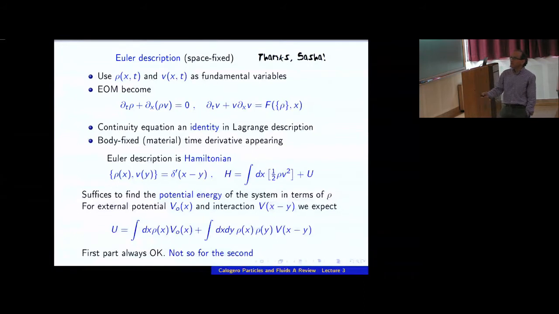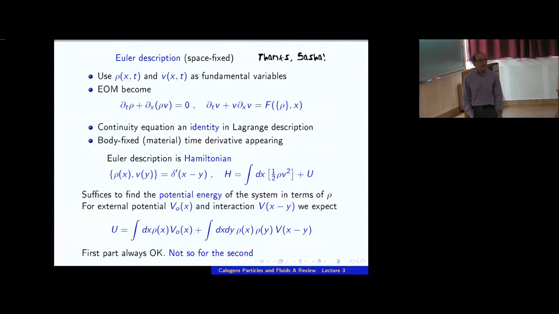And you would expect the interaction energy to be of this form. Rho x dx and rho y dy are the number of particles in a small region dx and dy around positions x and y. Those particles at those positions interact with this potential, so that should be their interaction energy, and you sum over all positions, maybe with a factor of 1/2 here if you don't want to overcount, and that should be your total potential energy. This is always the correct answer.